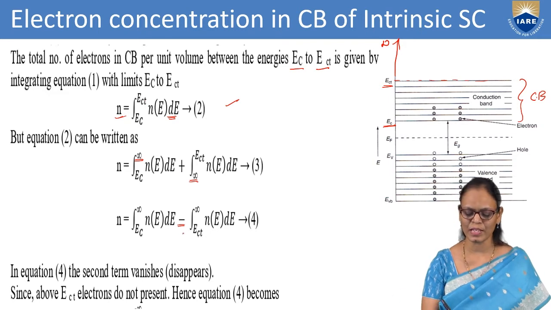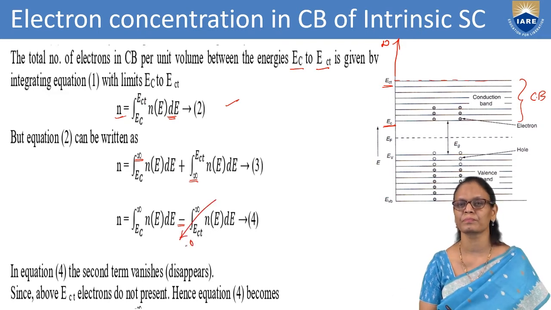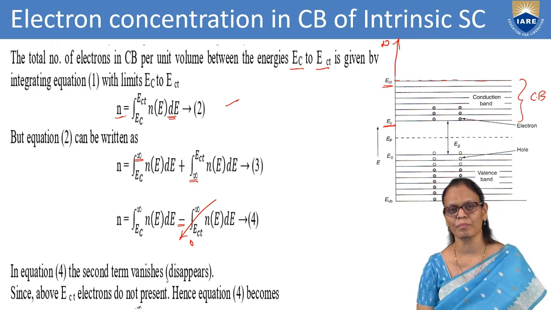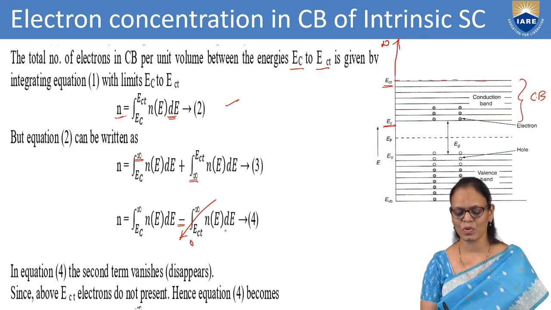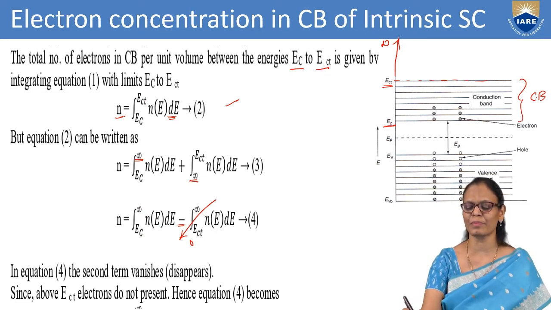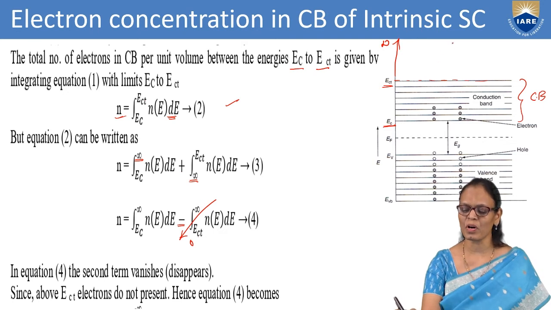No. So this term will vanish. The second term vanishes because there are no electrons above Ec top. So what we are left with is only n is equal to the integral from Ec to infinity of n of E dE. I am taking directly from here to here. Of course, they are not there, so only these will be counted.